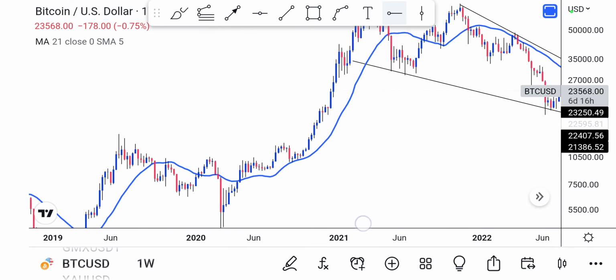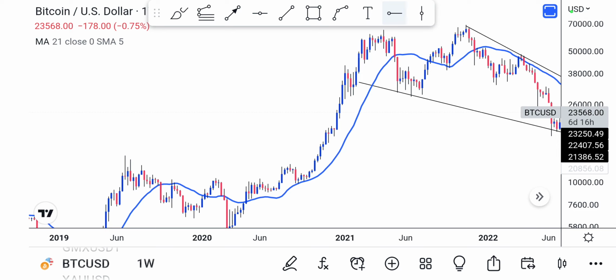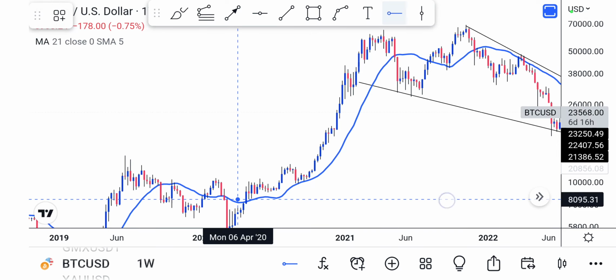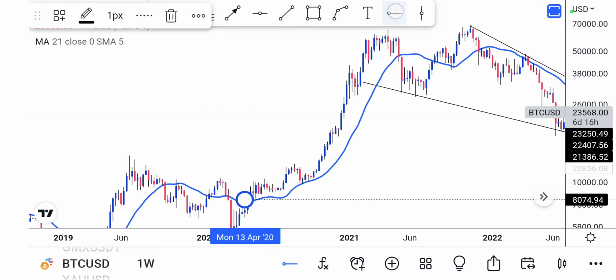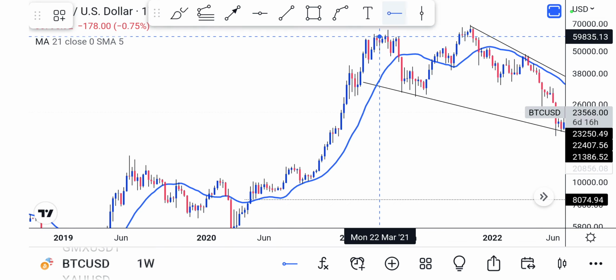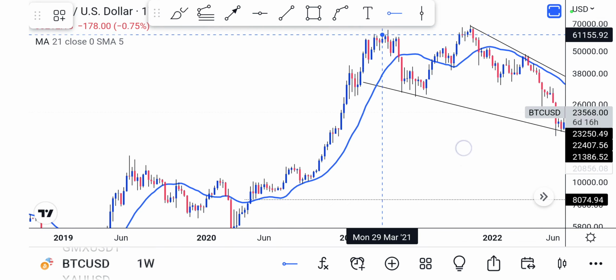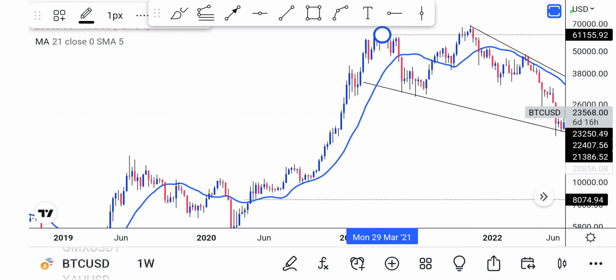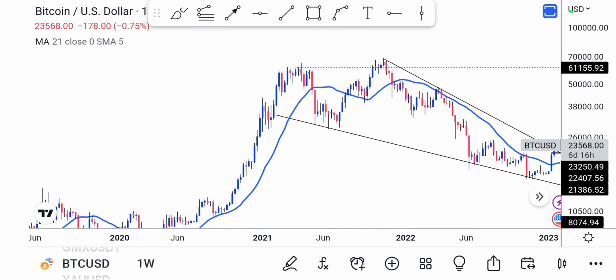If you look in the past, when price moved from 8k to its all-time high around, let's say, 60k, you can see how price maintained its move above the 21-day moving average, and when it started to show some sign of bearish trend to the downside, you can see it taking back that lower move below the 21-day moving average.